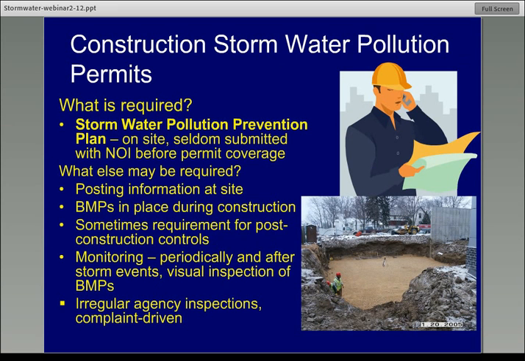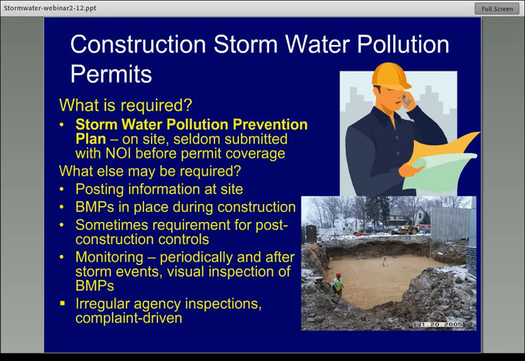The Stormwater Pollution Prevention Plan is similar in this program as in the others. It has to be on-site. It's seldom submitted to the agency, and oftentimes, because it's seldom submitted before a notice of intent is granted for coverage.